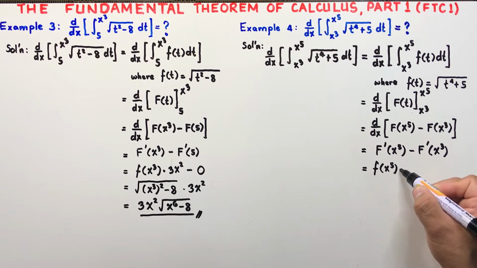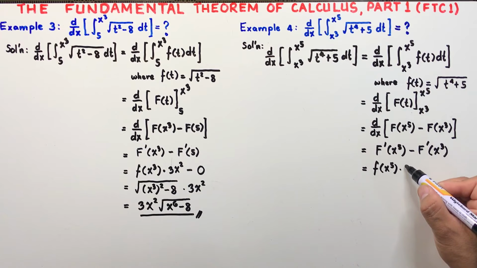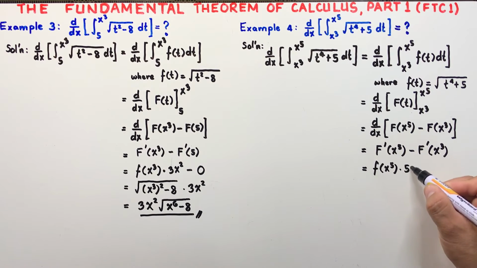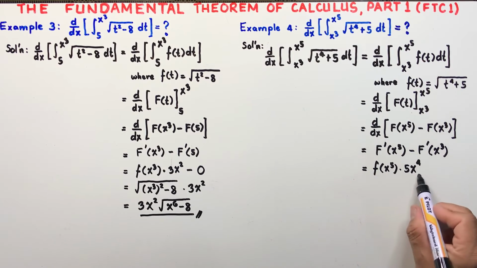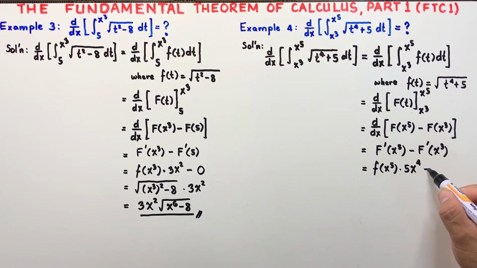And using the chain rule, we need also to multiply by the derivative of x to the power of 5, which is 5x to the power of 4. And this is subtracted by the small f of x cubed, because the derivative of the big F is the small f, times the derivative of x cubed, which is 3x squared.